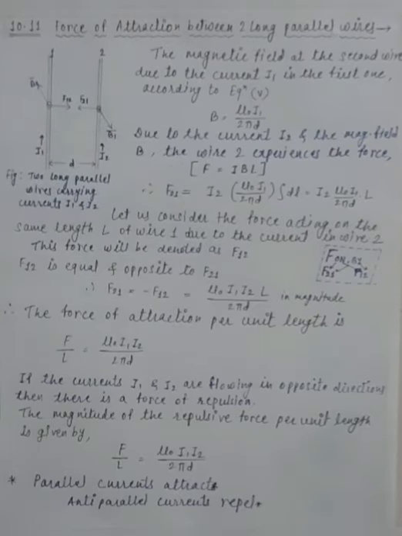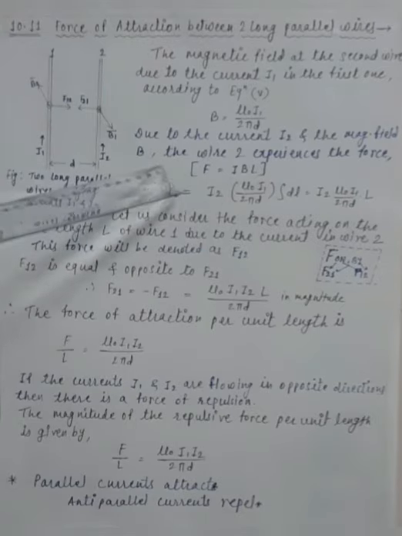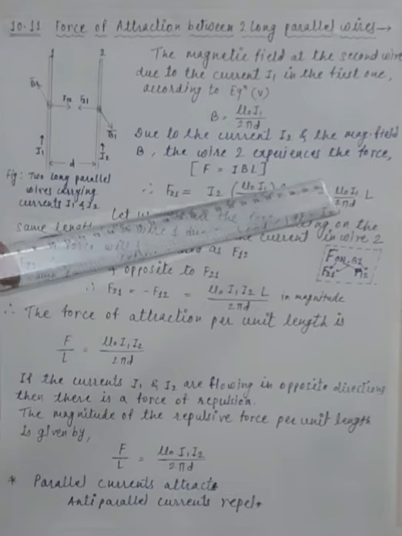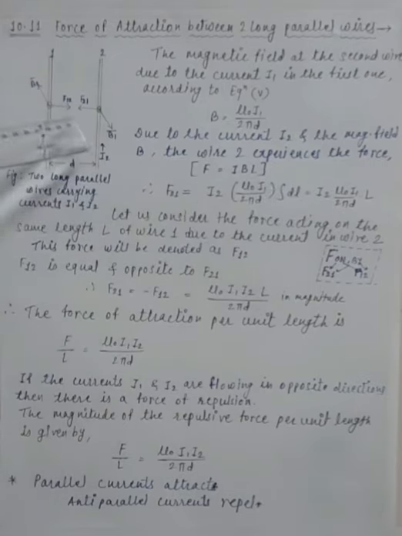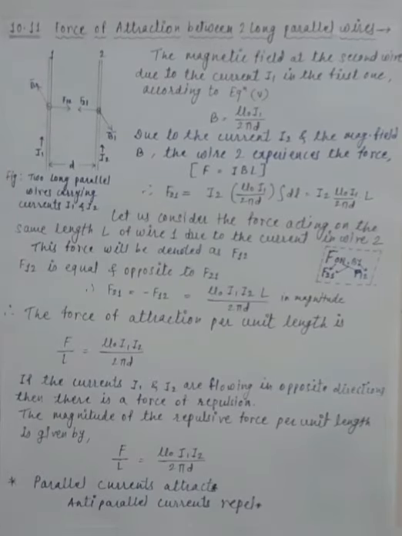Due to the current I2 and the magnetic field B, the wire 2 experiences a force. We have seen that when a current carrying conductor is placed in a magnetic field, both perpendicular to each other, then the conductor experiences a force which is given by the basic equation F equal to IBL.